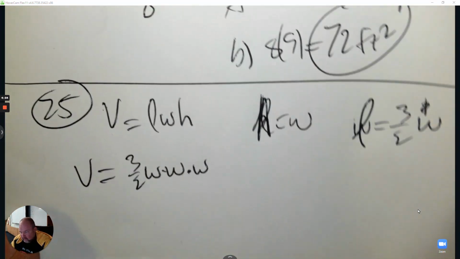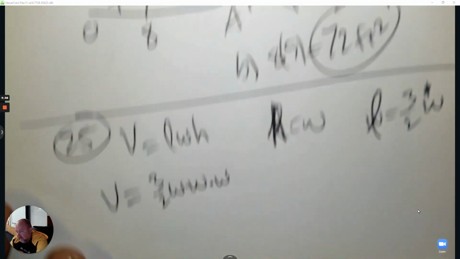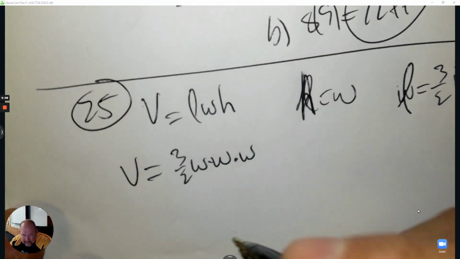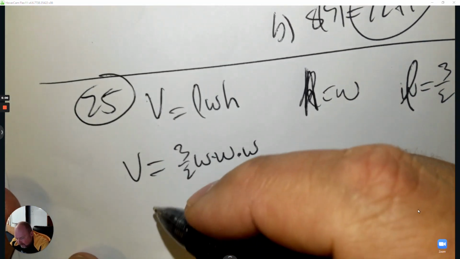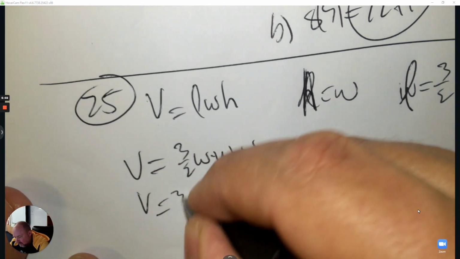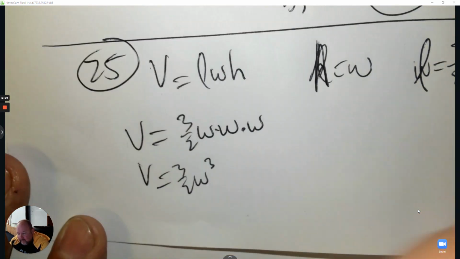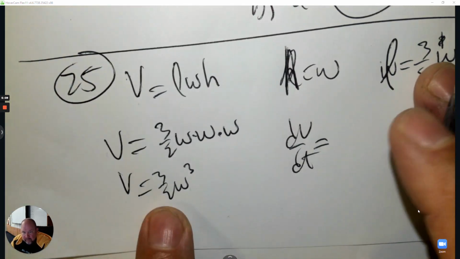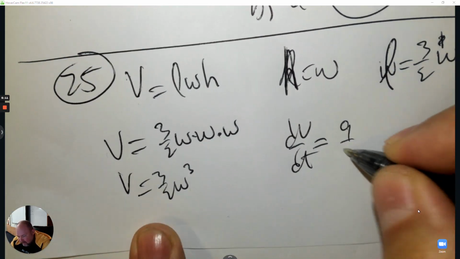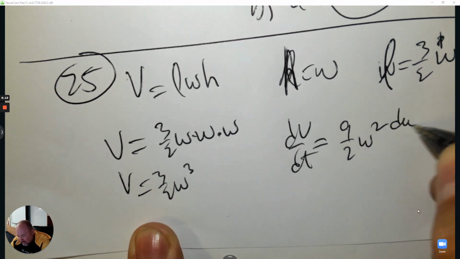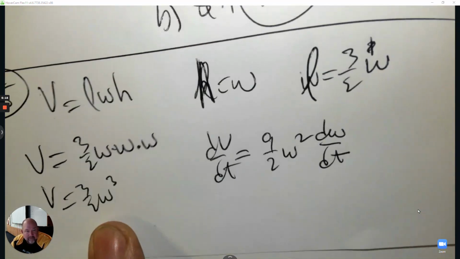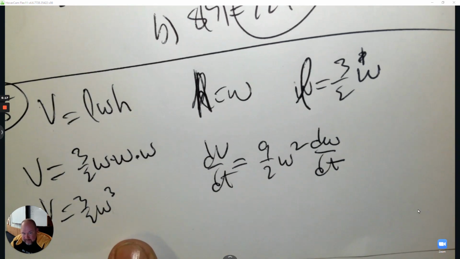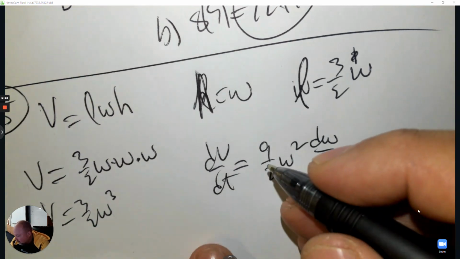Again, our goal is to take the derivative. Now, this one is a related rate problem with time, so it's a little bit different. So the derivative of V, well, let's first of all simplify this, with respect to time is dV by dt. The derivative here is 3 times 3 is 9 over 2, W squared, subtract 1, and then dW by dt, so with respect to time. And then plug in. Now this is what I'm looking for.